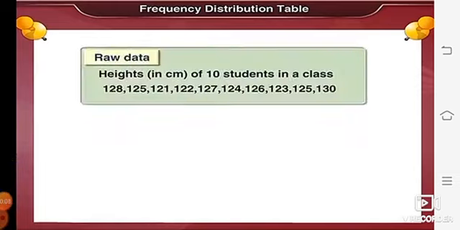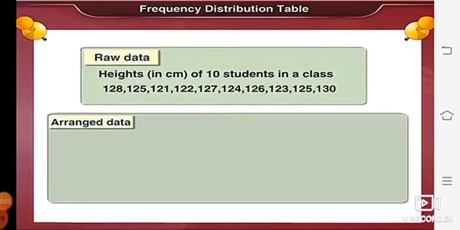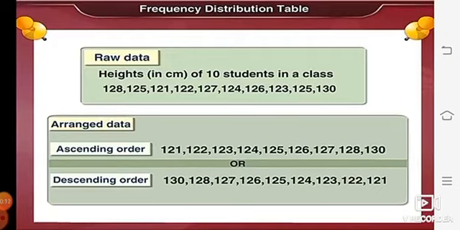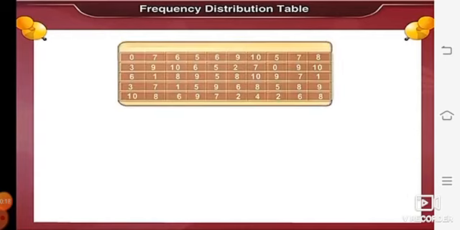Now we will learn about tabulation of data. If the data is small, then we can arrange it in ascending or descending order to get certain information. But when numerical data is very large, it becomes tedious to do so.